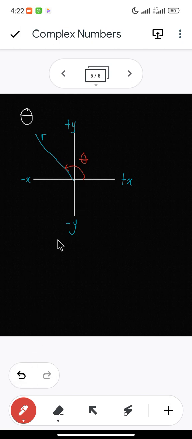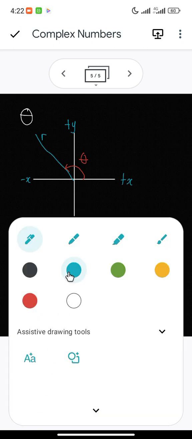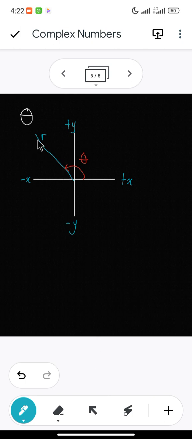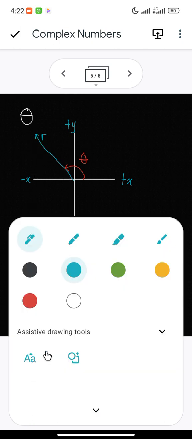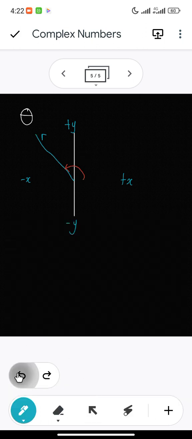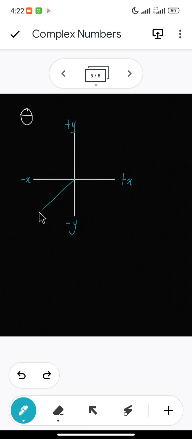So let's take another case where we would have it in another quadrant. So if we have r in this quadrant, moving outward, this is r.